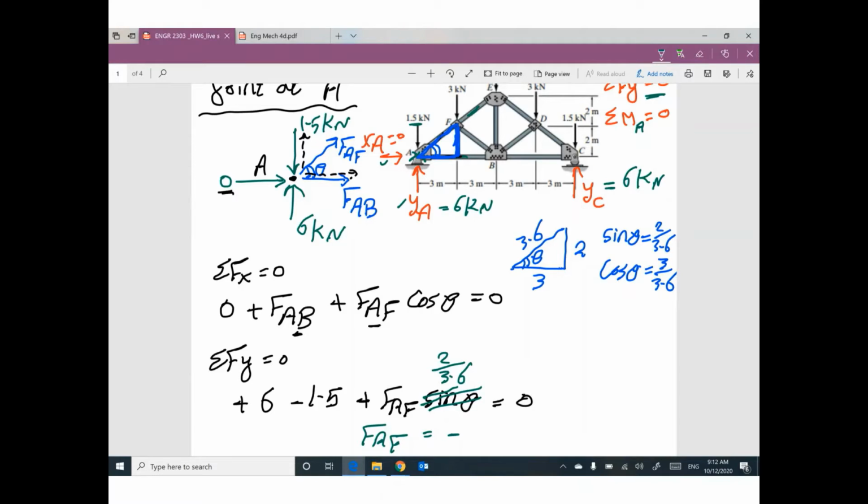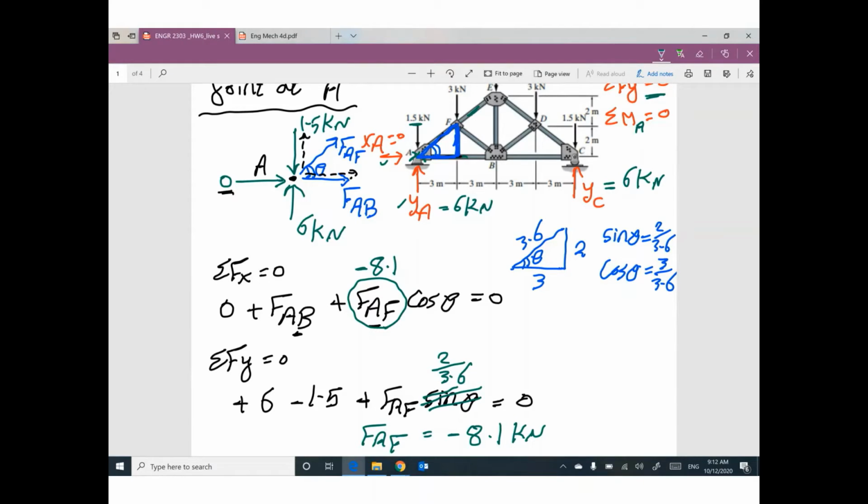It will be negative 8.1 kilonewton. Please substitute FAF, which is negative 8.1. Keep everything the same. Your value is 8.1, the sign is negative.